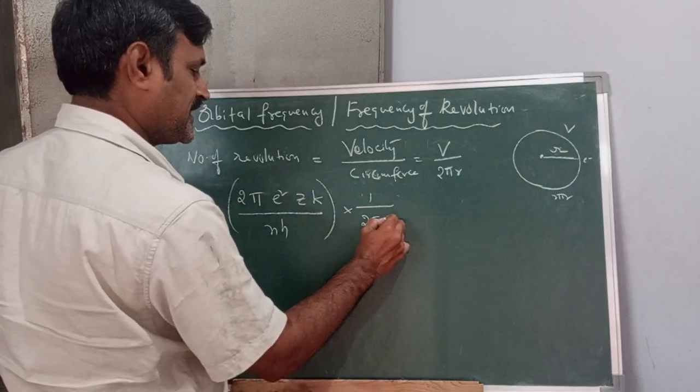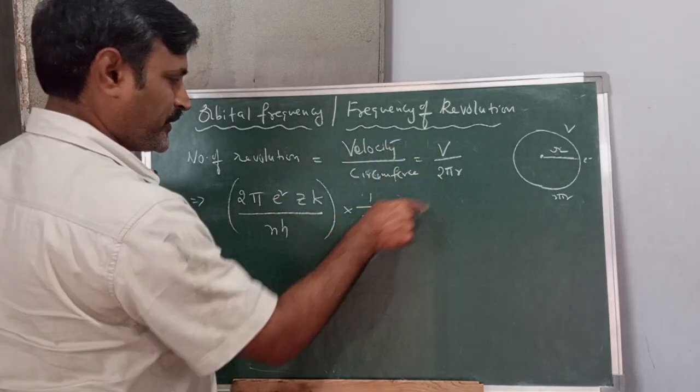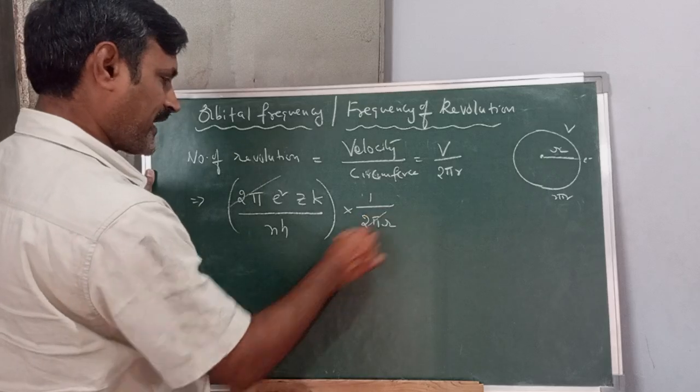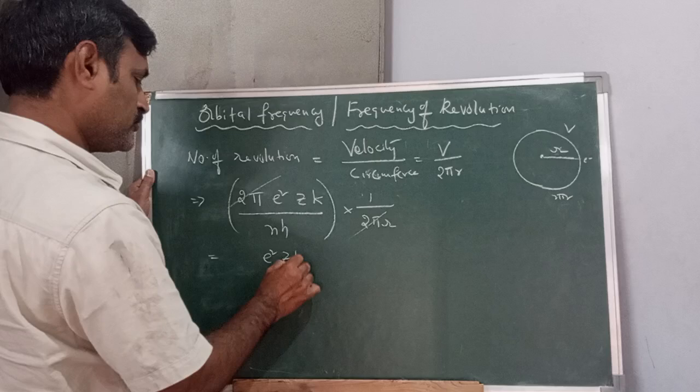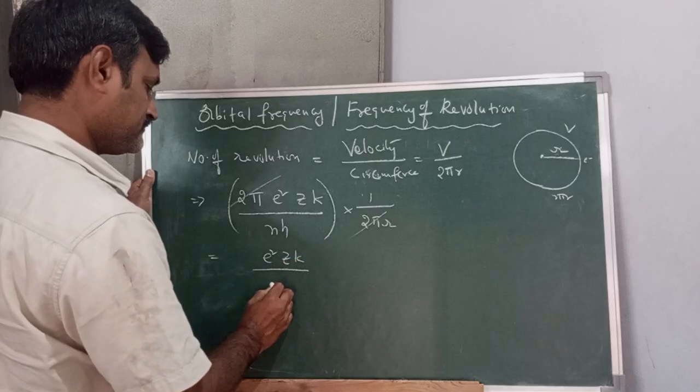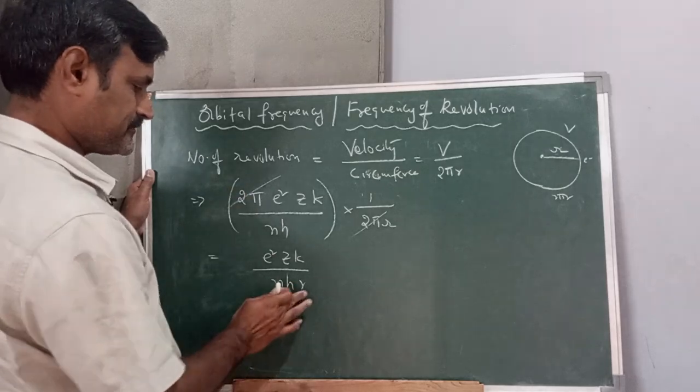I have substituted the velocity here and 2 pi r remains the same. 2 pi got cancelled. So what remains is e square z k by n h r.